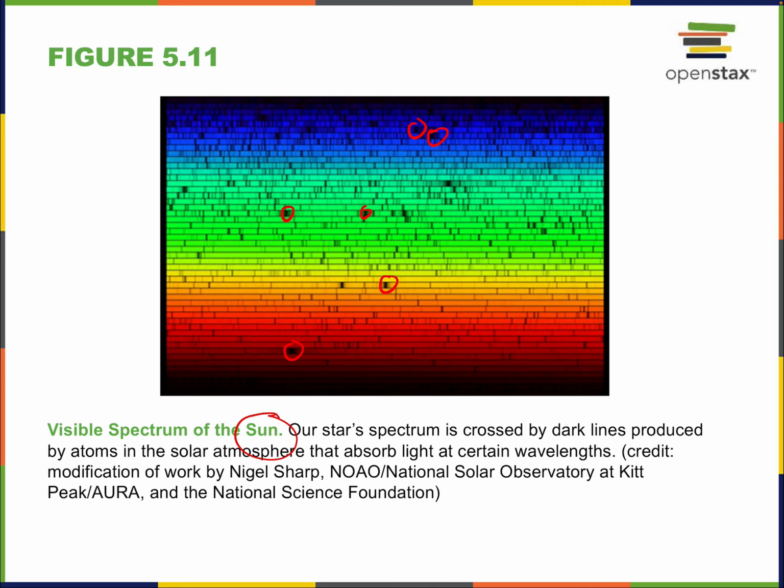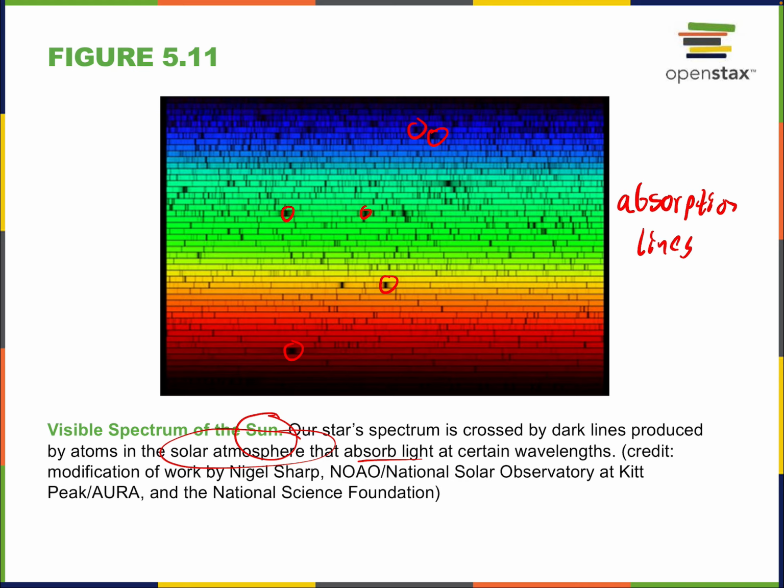Well, we say that these are absorption lines. All the little black lines are absorption lines, and they have to do with gases in the atmosphere of the sun, in the solar atmosphere, that absorb light. So that means that the sun's surface is producing all the colors of visible light, but some of that light never makes it into outer space to travel to Earth.